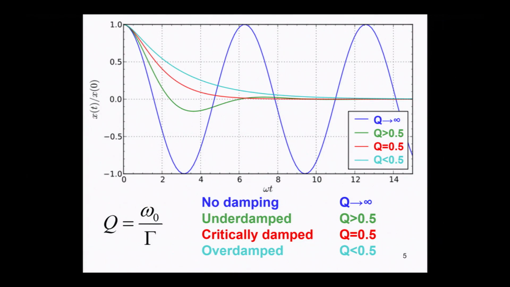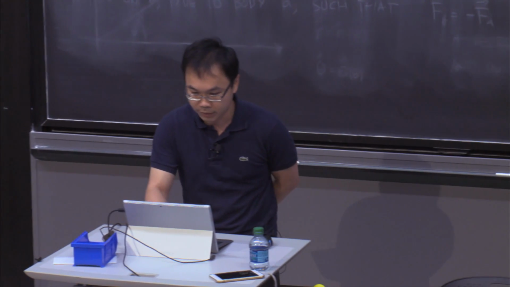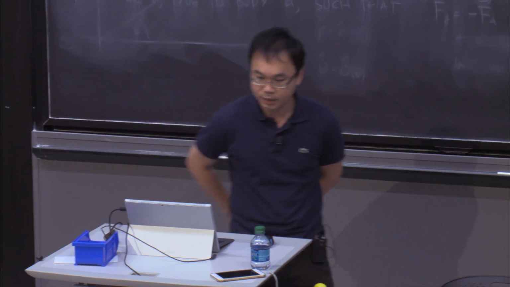If we take the ratio of these two quantities, you will see that at Q equal to 0.5, it reaches a critical point where the behavior of the whole system changes, and the oscillation completely disappears. That is what we learned last time.